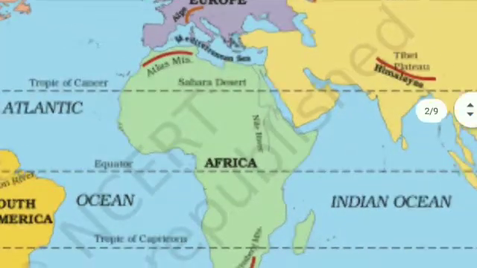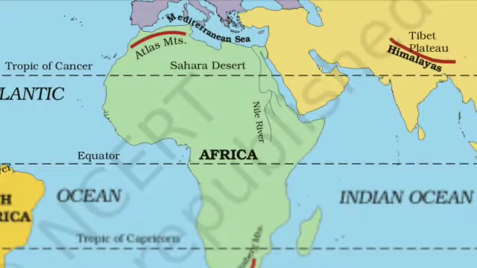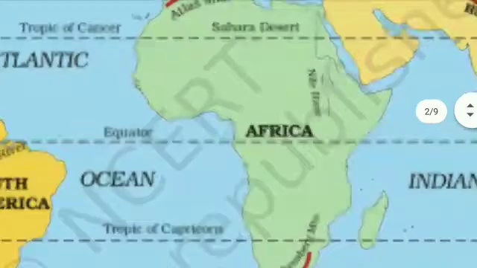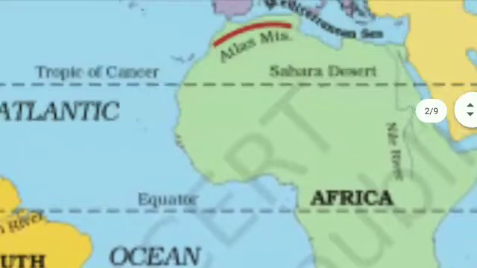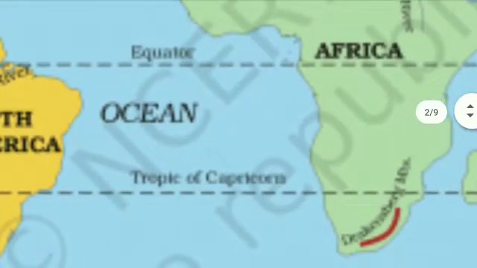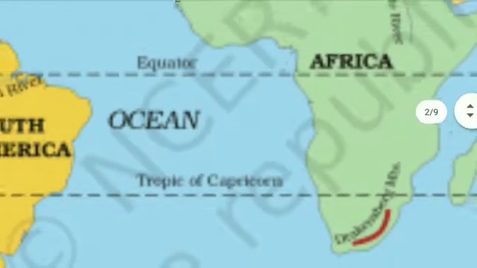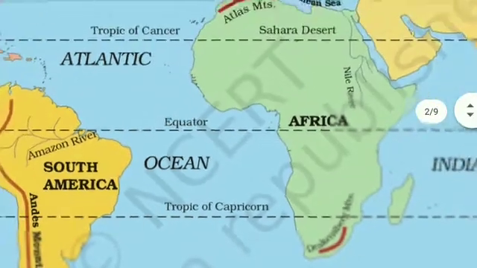Three major longitudes pass: the equator, the Tropic of Cancer and the Tropic of Capricorn pass through this continent. The equator passes almost through the middle of Africa.